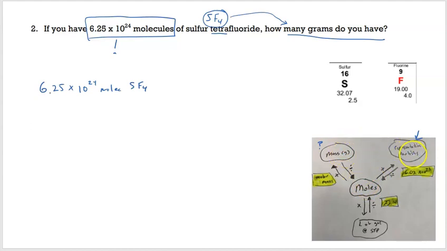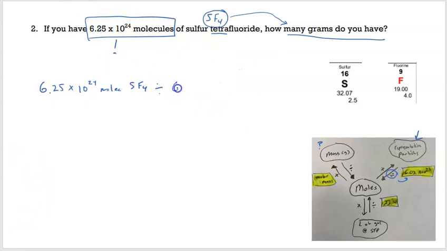So in order to go from representative particles to moles, I'm going to divide by Avogadro's number. So all I can do is divide it by 6.02 times 10 to the 23rd. Oops, excuse me. It just made a mess.